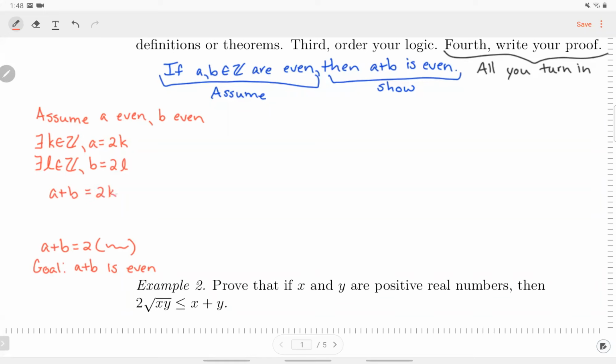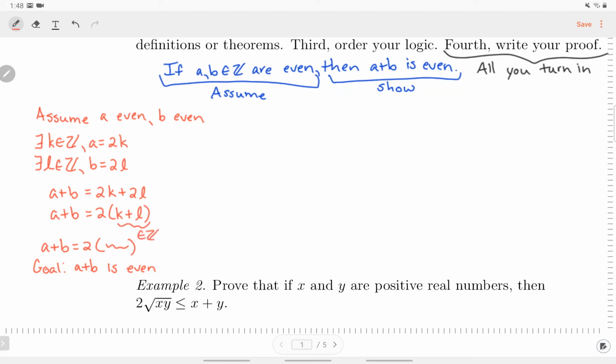Well, A is 2K, B is 2L. Say, oh wait, I can factor that 2 out because that's the distributive property. So if I pull that 2 out, I now have the form I want because K plus L is an integer.